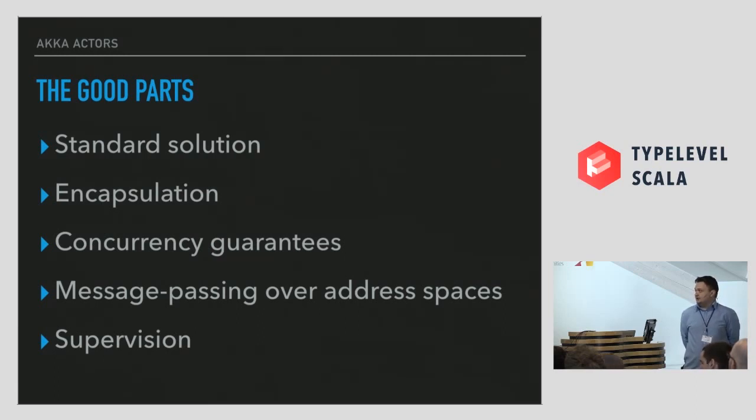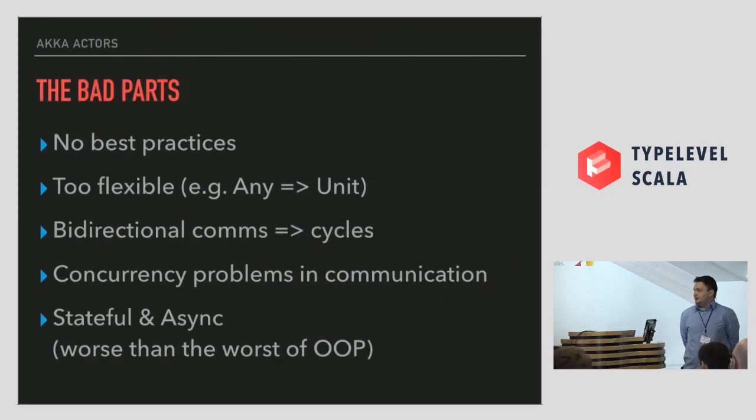They've got concurrency guarantees, meaning that messages are processed in order, and this helps. And message passing can be over address spaces, so you can communicate with actors in the same process the same as you would with actors that are over the network. It doesn't make a difference where an actor is, and they've got supervision built on the let-it-crash mentality, and that's good, because in a distributed system, problems happen.